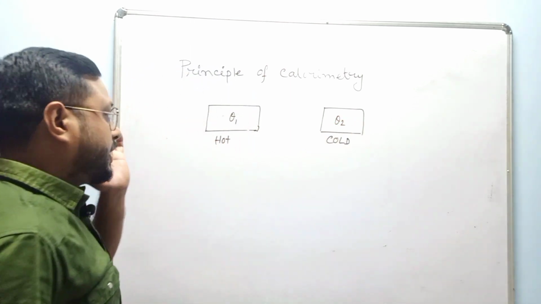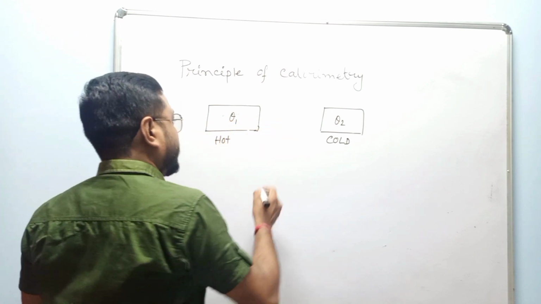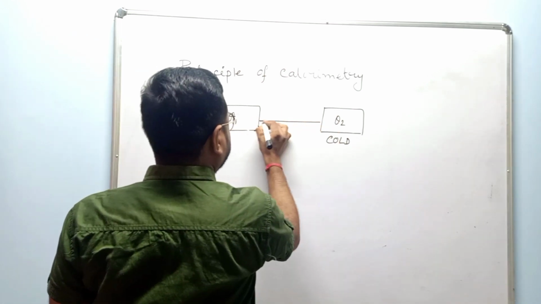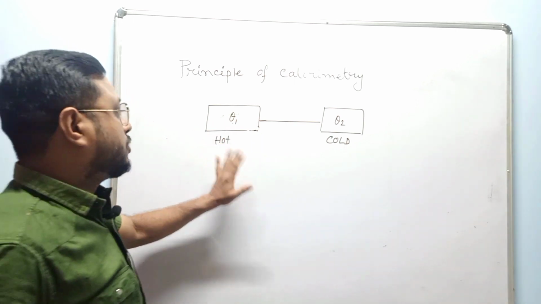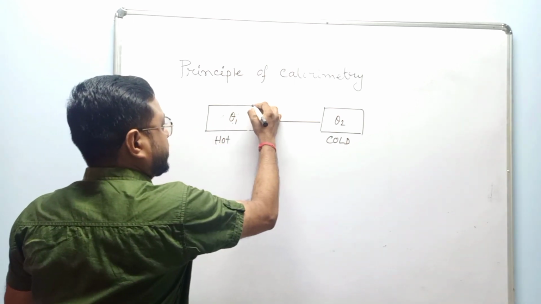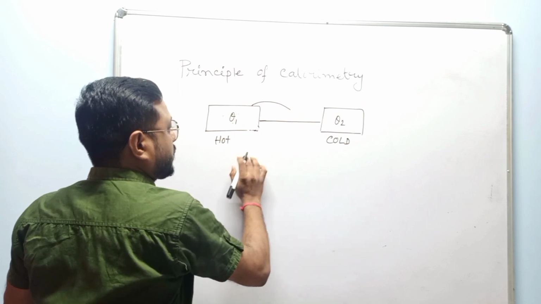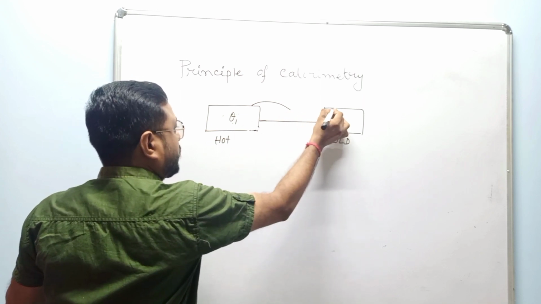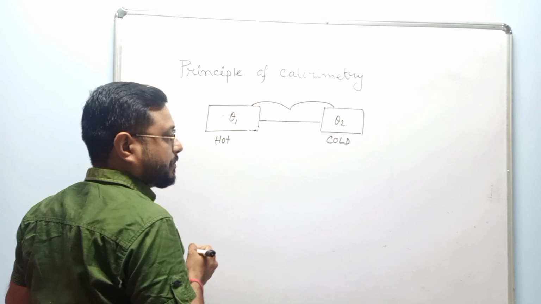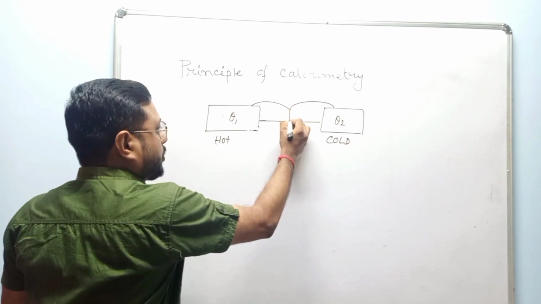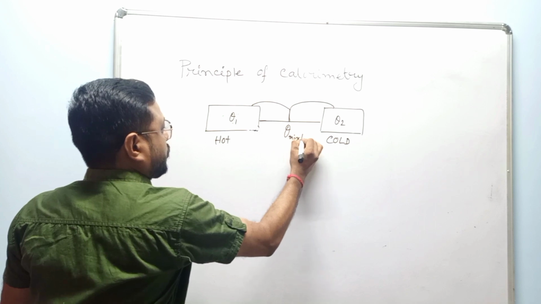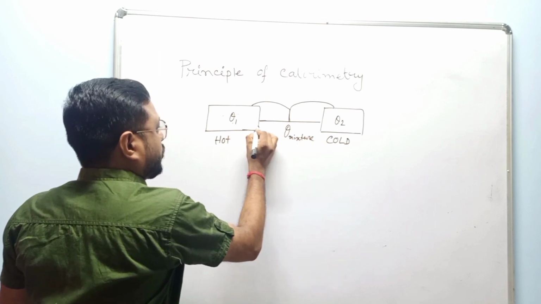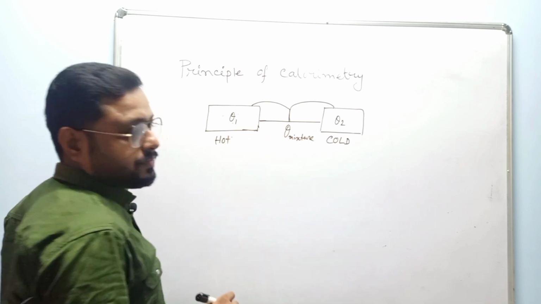If we mix the hot body and cold body, the hot body loses heat, that heat is transferred to the cold body, and the cold body gains temperature. Then they both reach a temperature which is lower than the hot body but higher than the cold body.